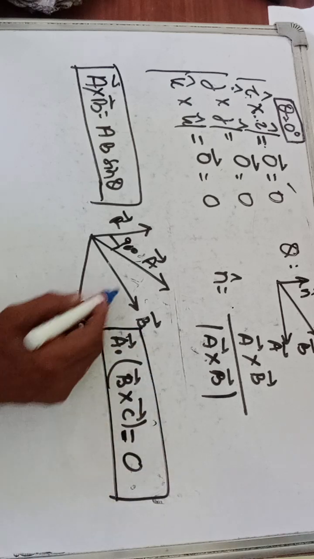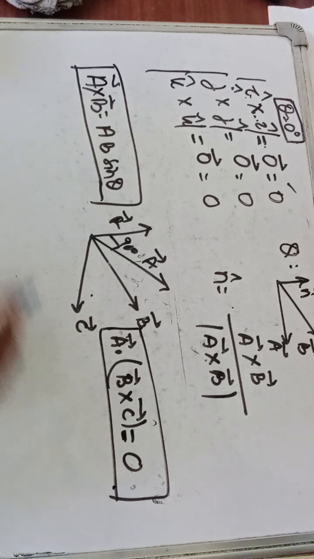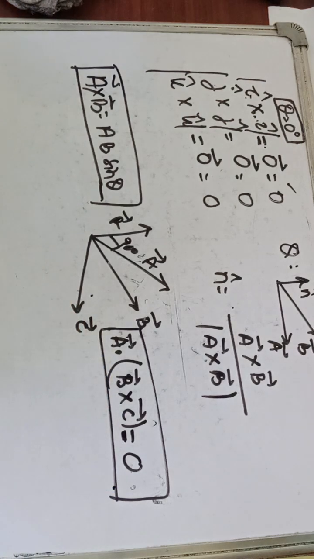That means if three vectors are coplanar, then A dot B cross C is equal to 0.